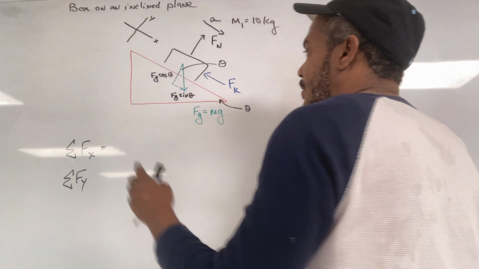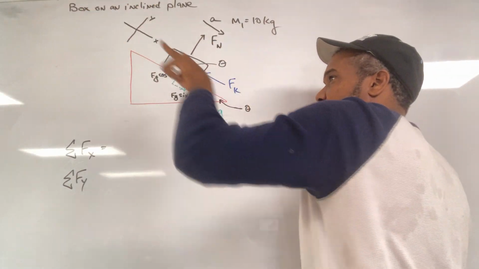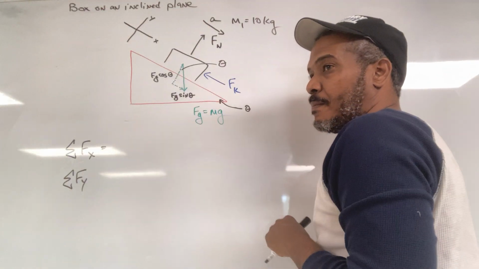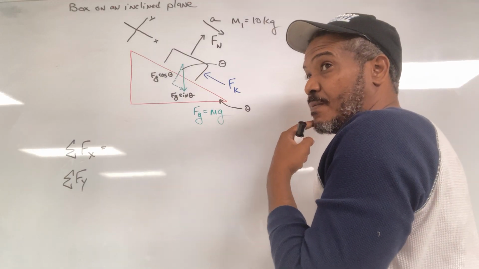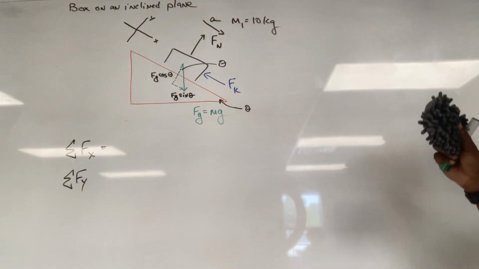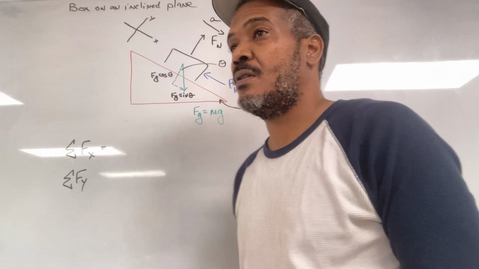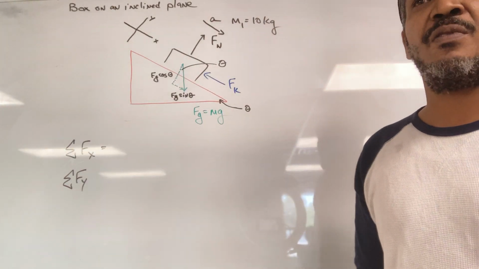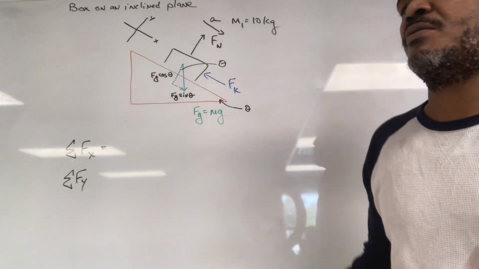Right? So now we can clearly see in the x direction we have two forces. What are they? No, acceleration. Friction is one of them. Acceleration is the result of a force. Okay? But we got friction and what else? Sometimes when you first start doing this, you just forget about it, right?